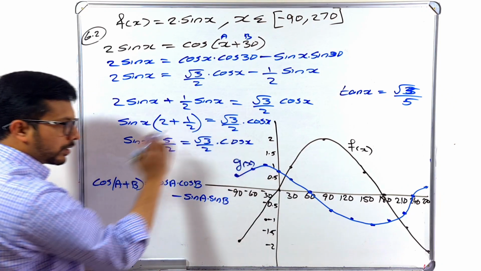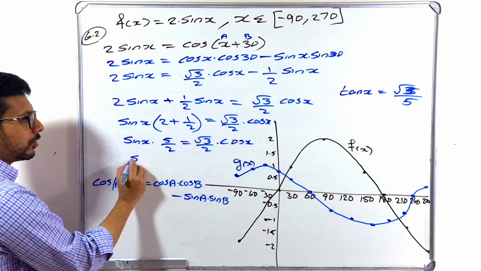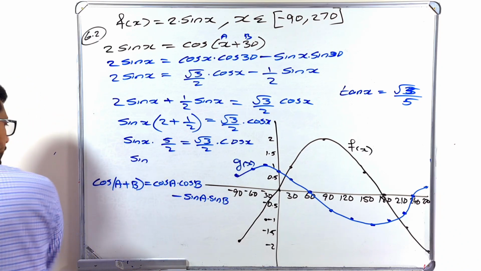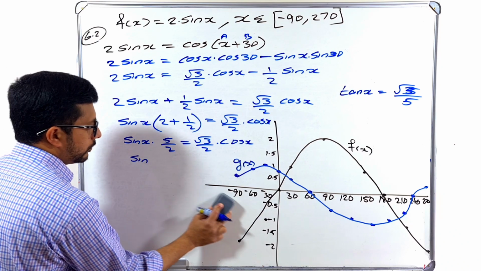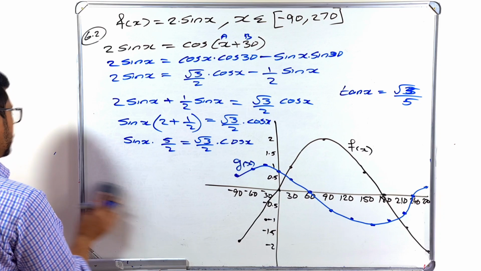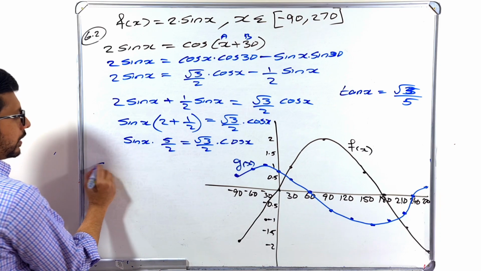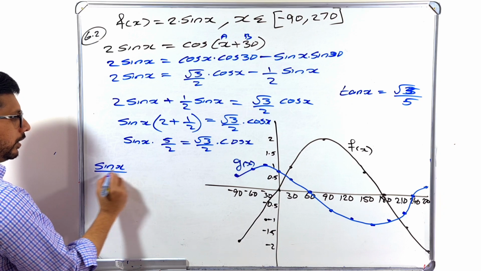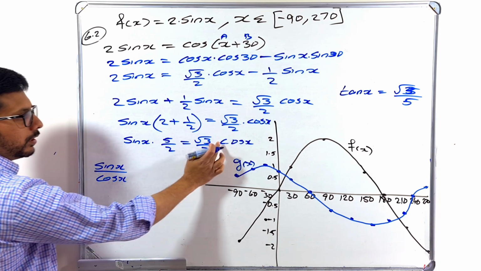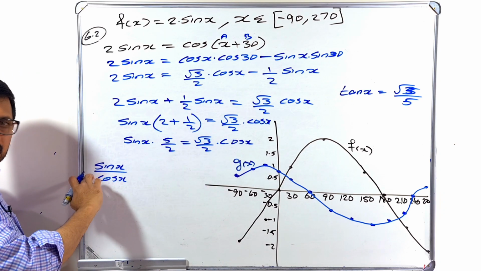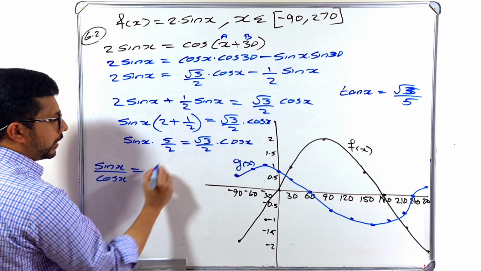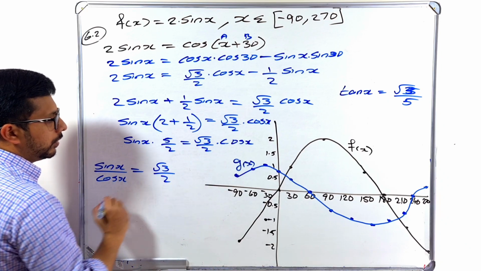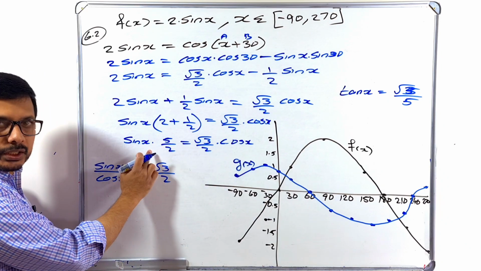If this cos x is on the left side, it is division. So it is sin x divided by cos x. Here it is multiplication, so on the left side it is division. So there is a root 3 by 2 here, and here it is multiplication.